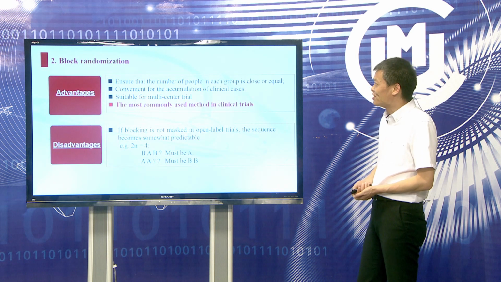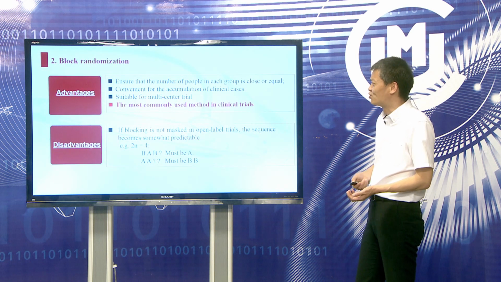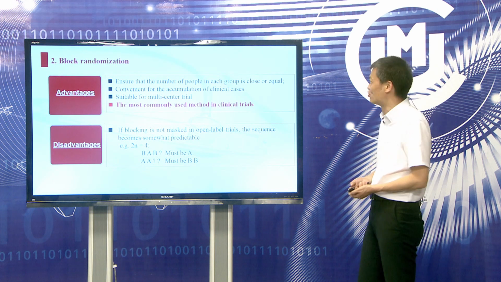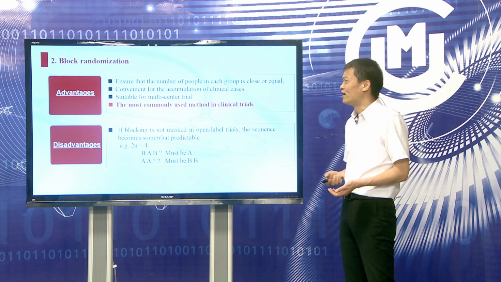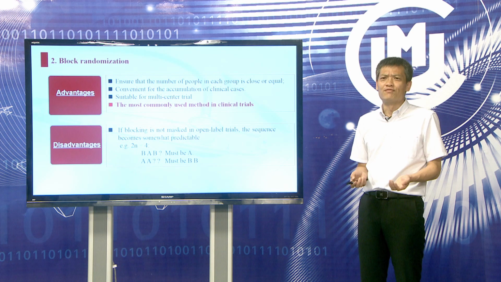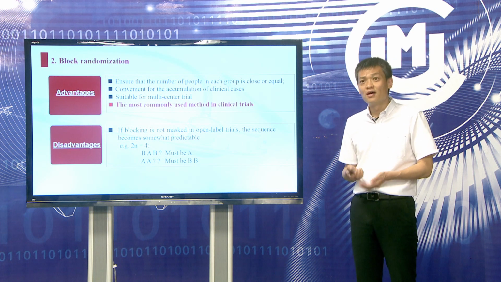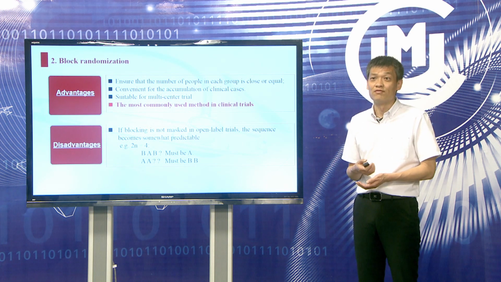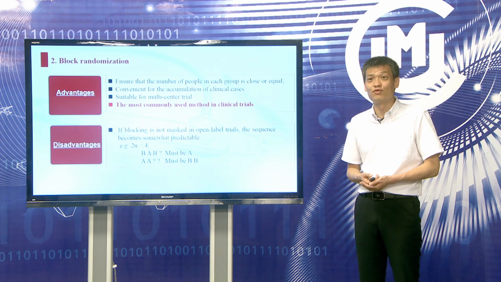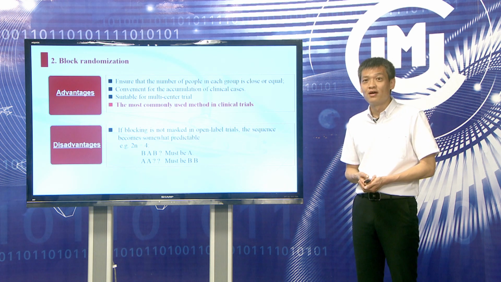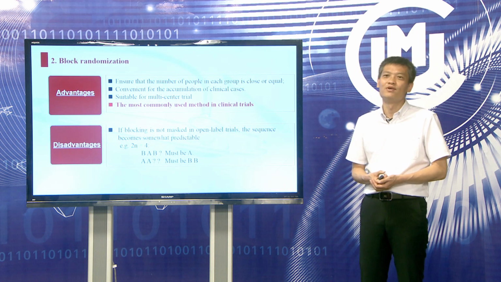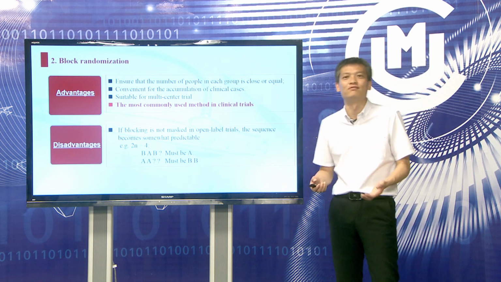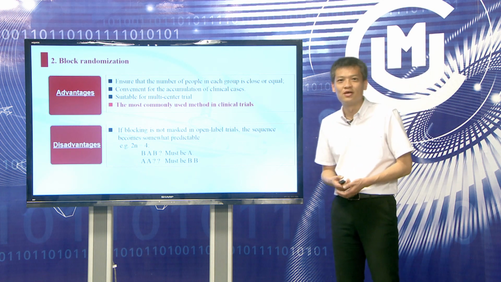Block randomization helps us ensure that the number of people in each group is close or equal. It is very convenient for the accumulation of clinical cases, and it is suitable for multi-site trials. Remember, the most commonly used method in clinical trials is block randomization.